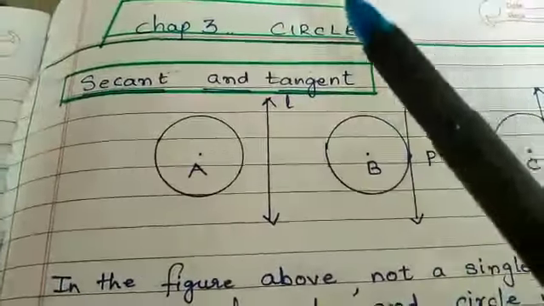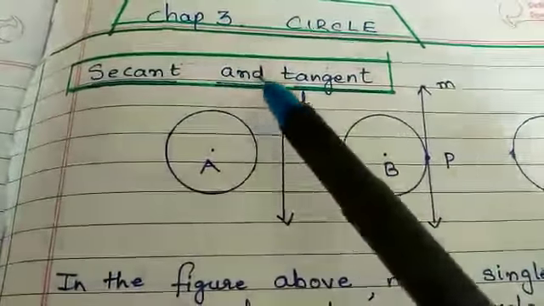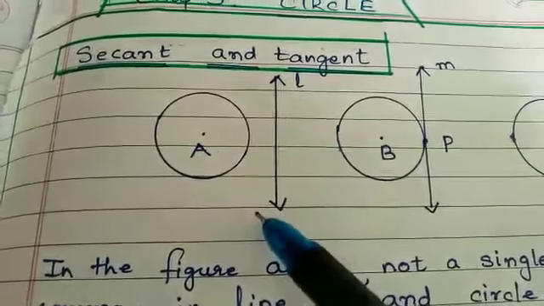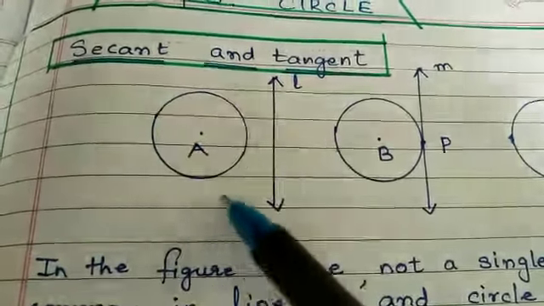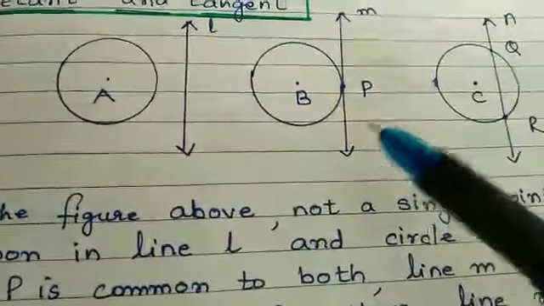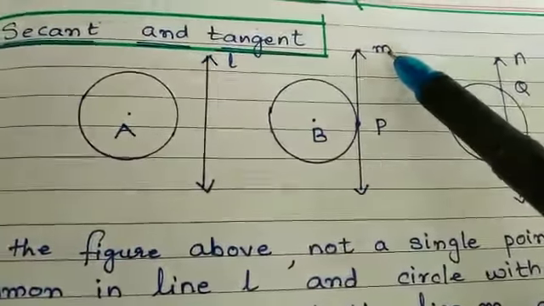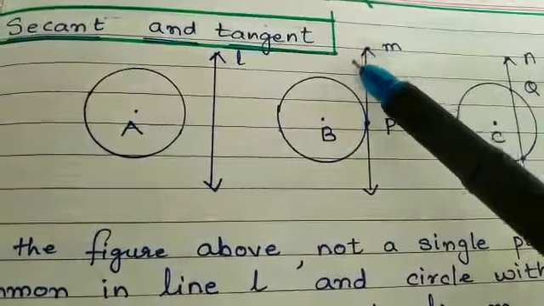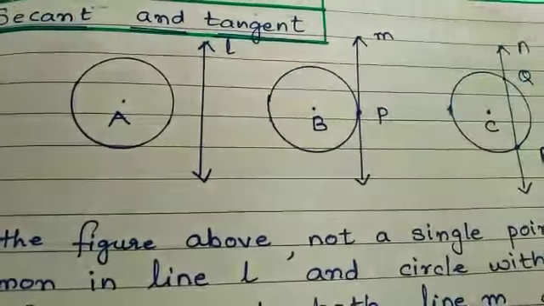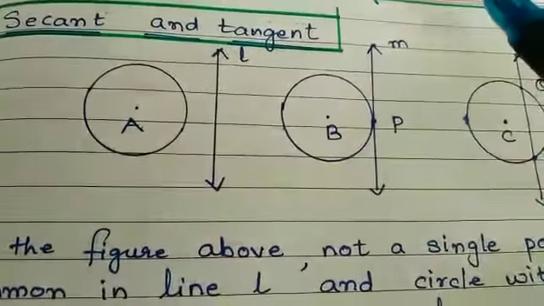Now students, secant and tangent. What is a secant and what is a tangent? Now in this figure, A is the center of the circle and line L is there. In the second figure, B is the center of the circle and line M is touching the circle at the point P. In the first figure, the line L is not touching the circle.